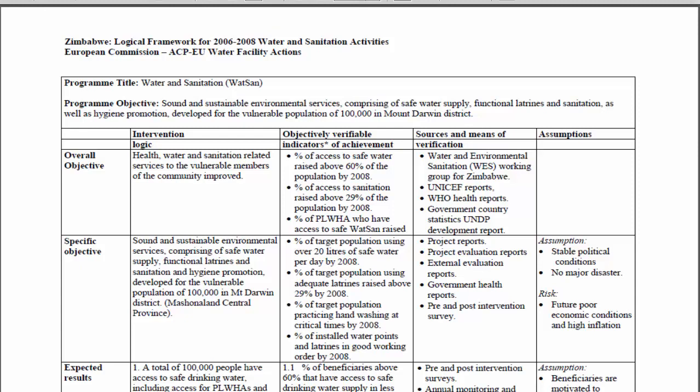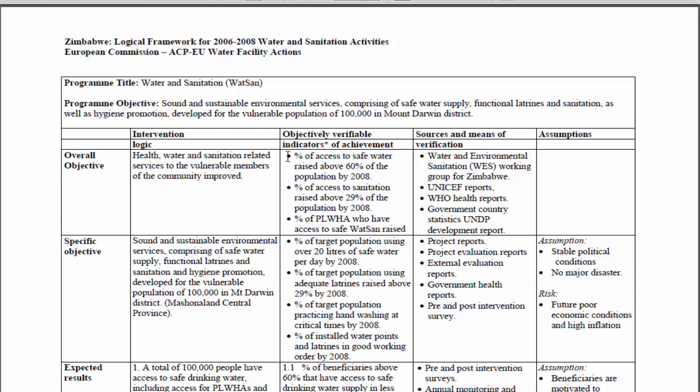So looking at the logical framework approach, as you can see, this gives you a summarized understanding of what the water and sanitation project is all about. This is a project in Zimbabwe which was implemented between 2006 and 2008, financed by the EU. As you can see, the logical framework gives you a list of indicators.